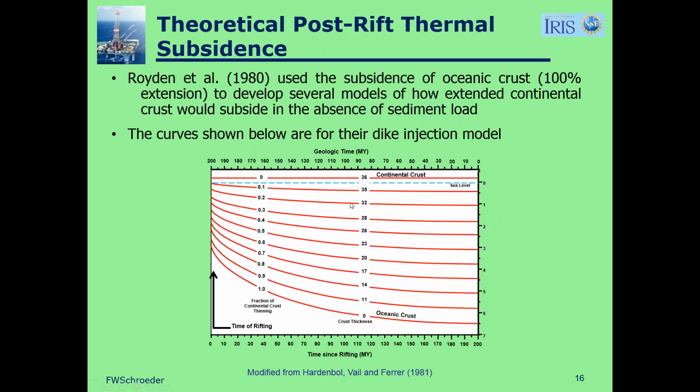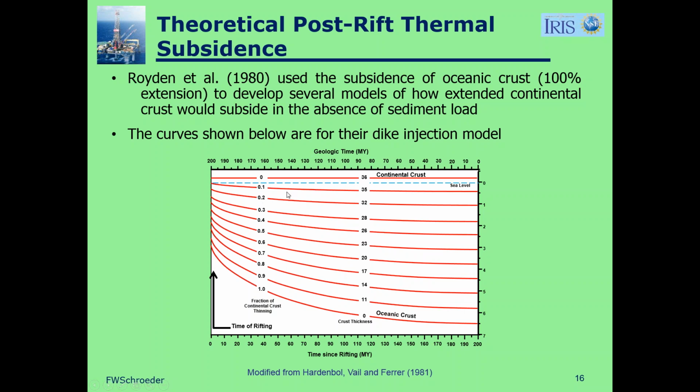Now, Royden and her co-authors back in 1980 did some theoretical work, and they came up with a series of subsidence curves for different degrees of continental stretching. So this does not include any sediment weight on top of it. The 1 or 100% stretching is derived from the actual seafloor topography from a mid-ocean ridge out into older and older crust.